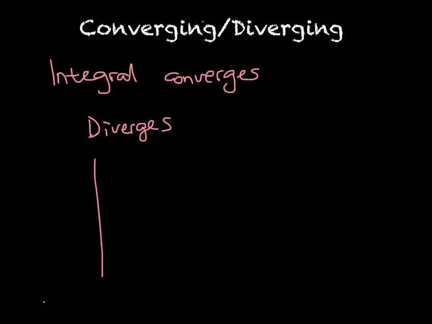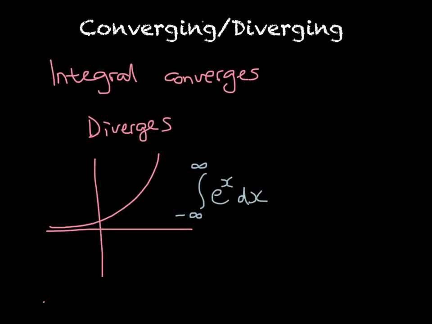So an example of a divergence would be, say, if I had an exponential function, like e to the x, and I was integrating from negative infinity to infinity, well, clearly the function is just getting larger and larger as I go out to infinity. So we would say that integral diverges because it doesn't seem to come to any real value.